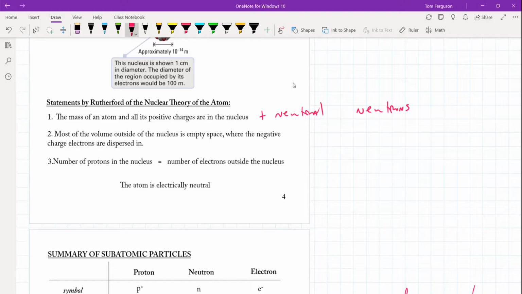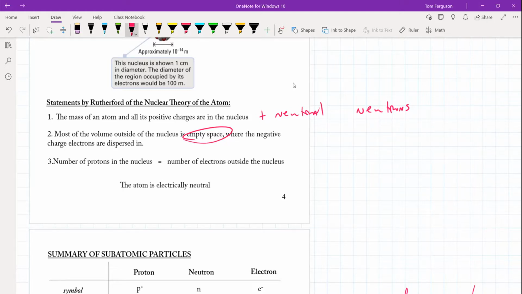And be aware that there's non-charged particles as well, called neutrons, in there. The volume outside the nucleus is empty. And we have electrons running around there in some kind of fashion.